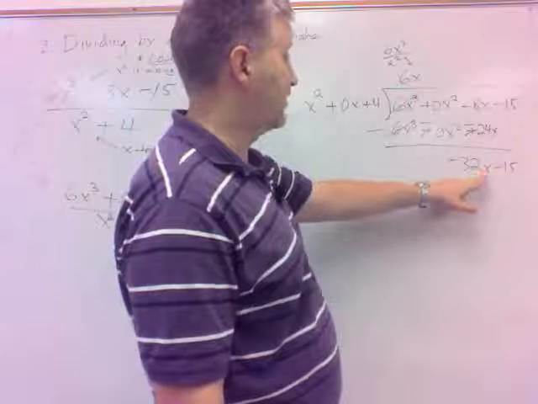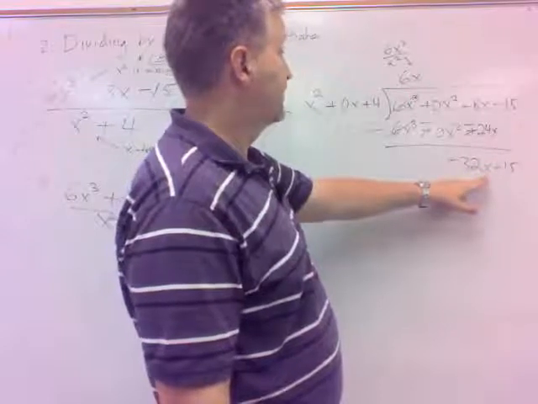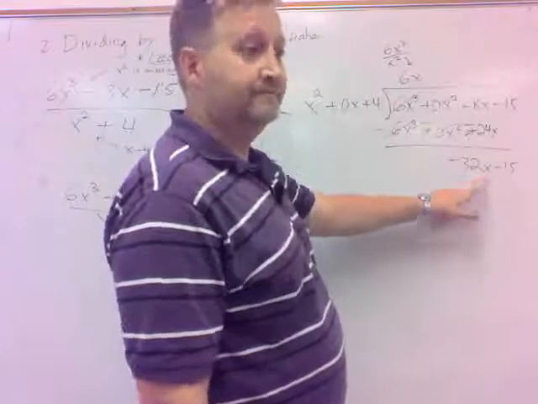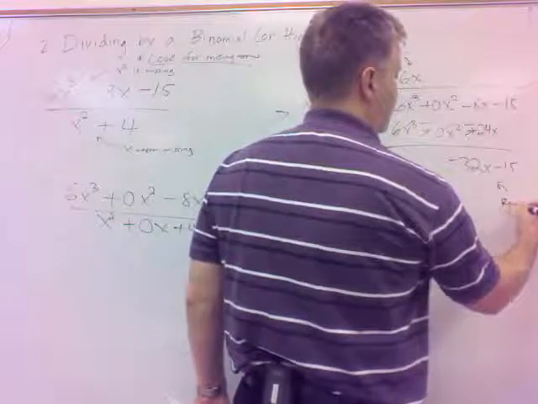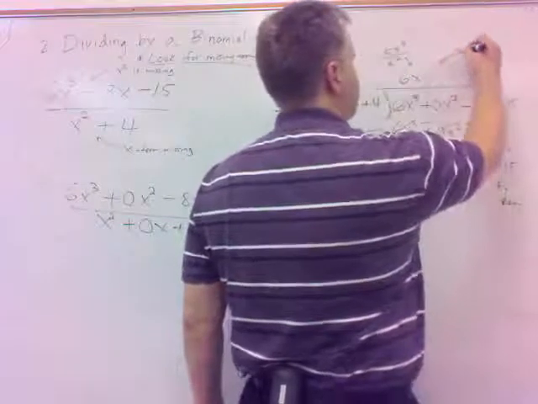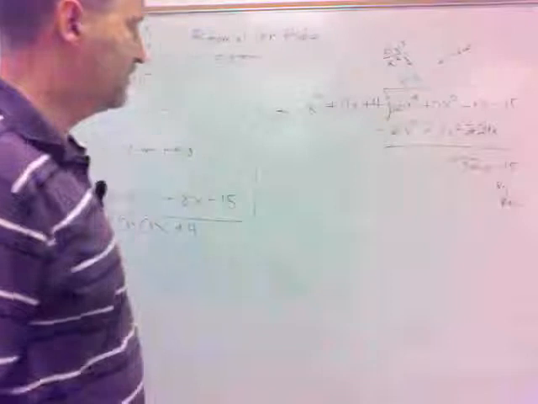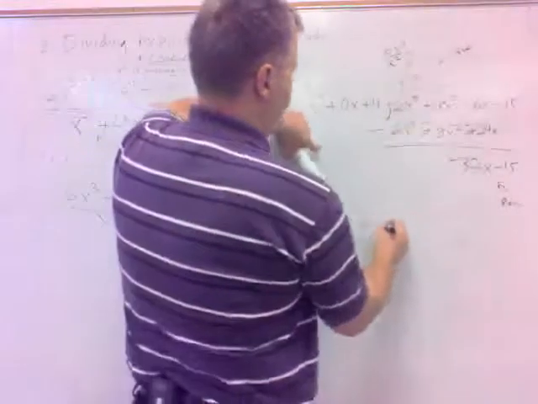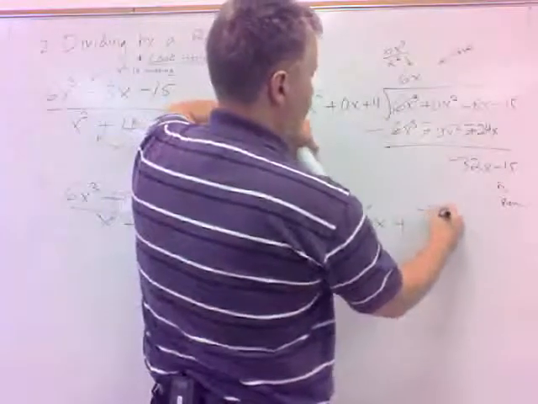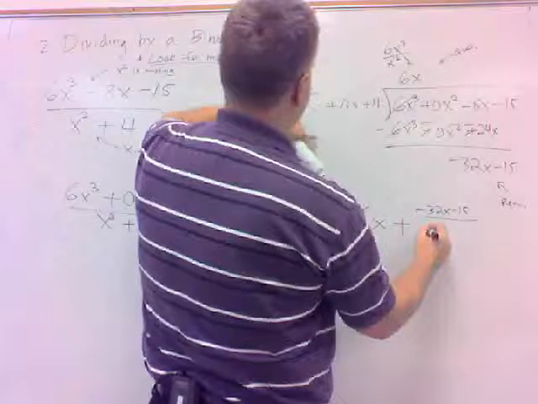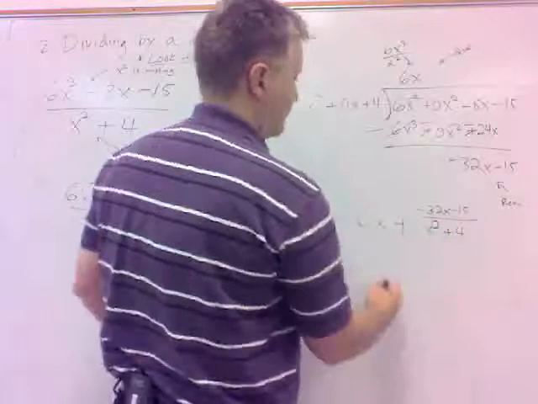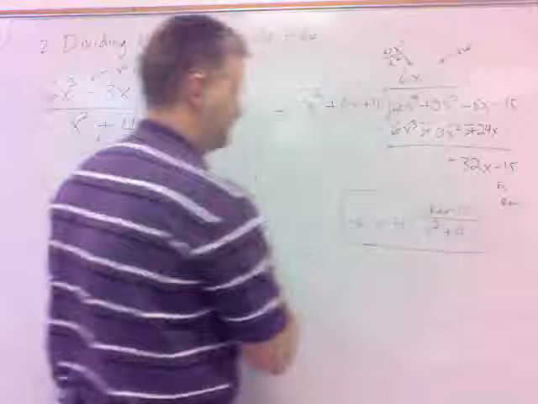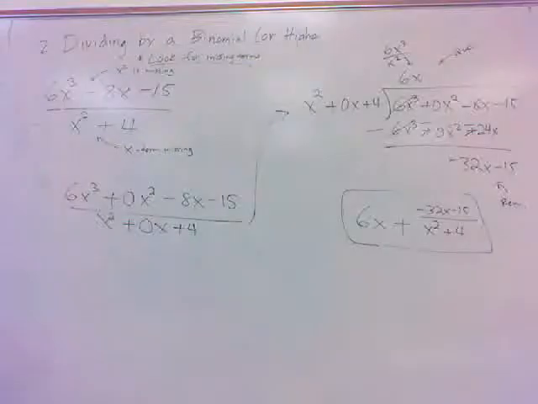I've got a smaller power here, so that's my remainder. And this is my quotient, so in this case I just have one little thing. All right, so it'd be 6x plus negative 32x minus 15 over x squared, and you can put 0x plus 4, but at this point you don't have to. Okay. All right.